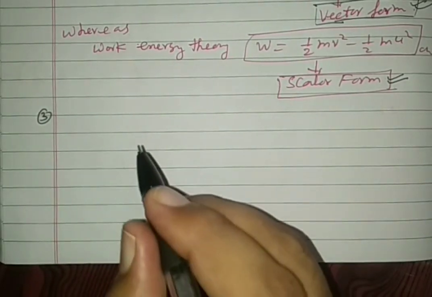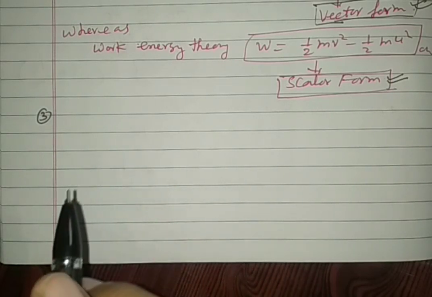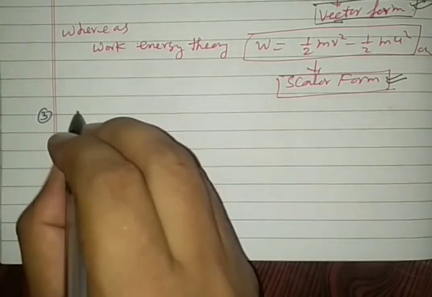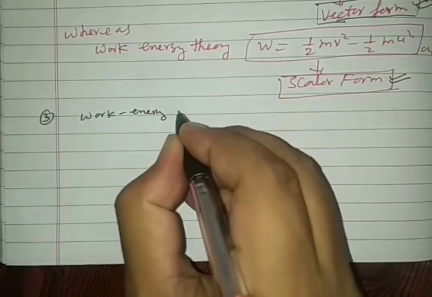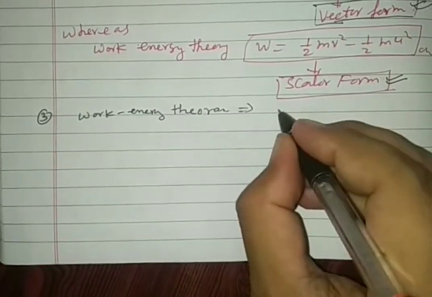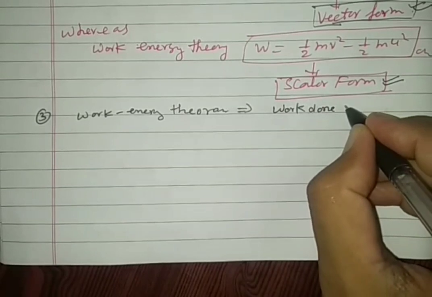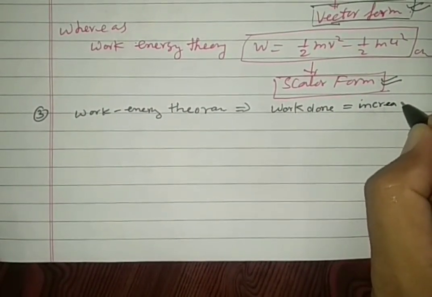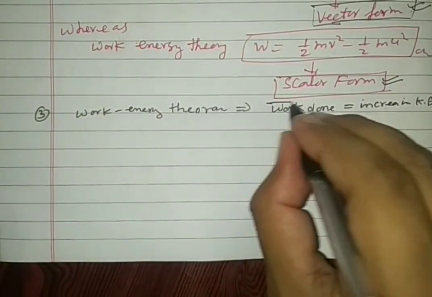Now see the third speciality, and it is very important here in the work energy theorem. The work energy theorem is: work done is equal to increase in kinetic energy on a body.